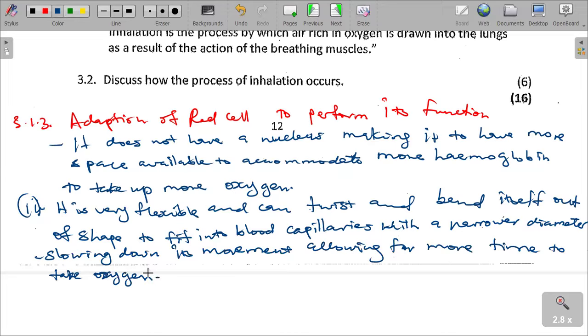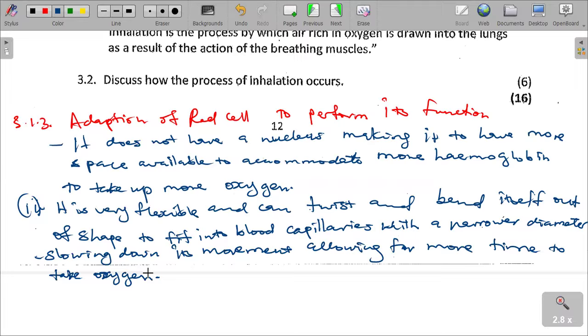So what we are saying is that the red blood cell is very flexible and can twist and turn, as well as bend itself out of shape to fit into blood capillaries with a very narrow diameter. That will also slow down its movement, which eventually allows it more time to take oxygen. That is another reason why it is like that.